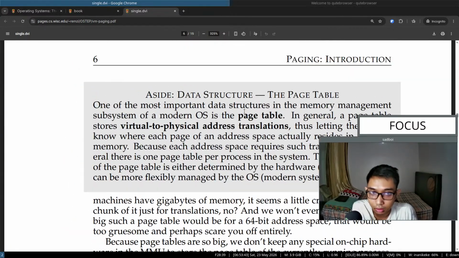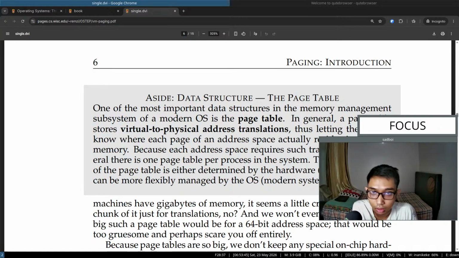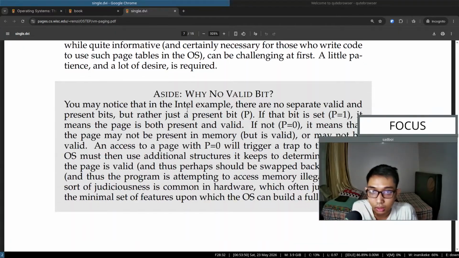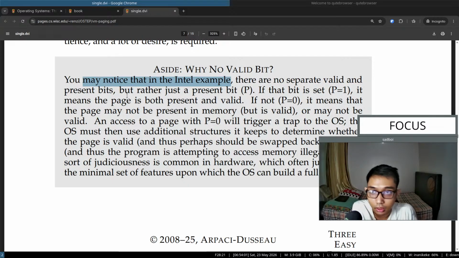Alright. We have to take a look at this aside, so let me read it. Why no valid bit? You may notice that in the Intel example, there are no separate valid and present bits, but rather just a present bit.